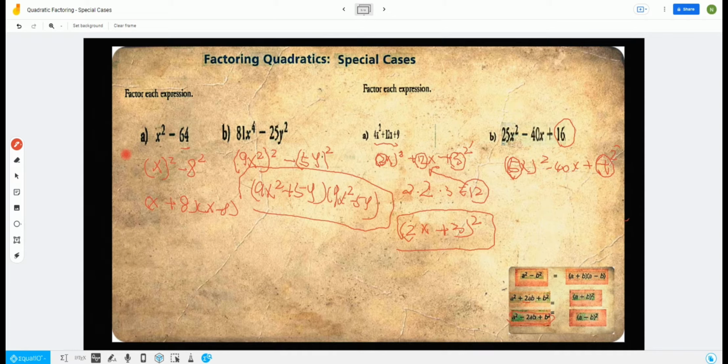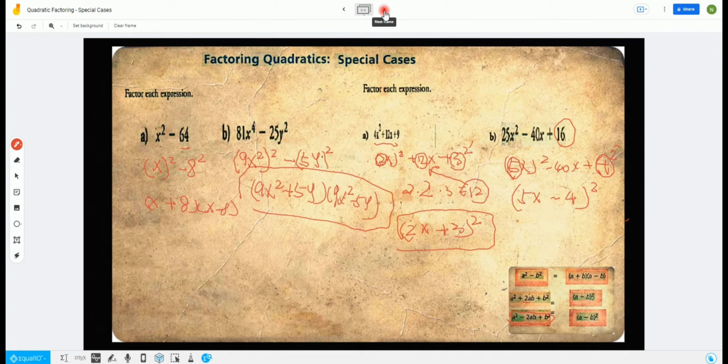We can write 5x minus 4 squared. It's correct: if we square it, we get 25x squared and 16, and 2ab is 40x. It looks very easy as long as we master the special cases for the difference of squares or perfect square rules.